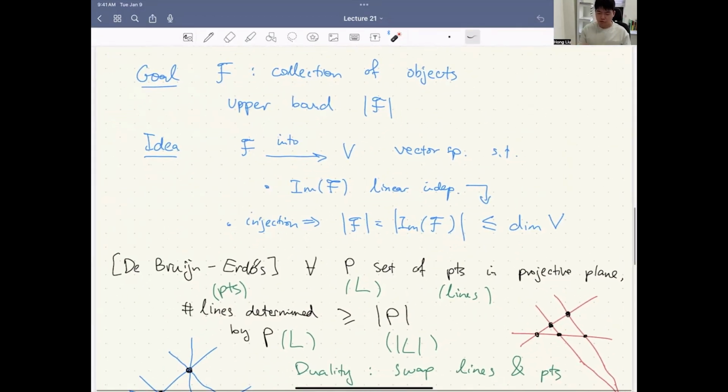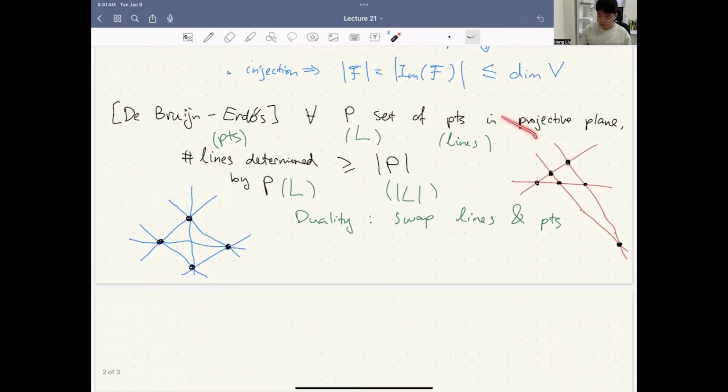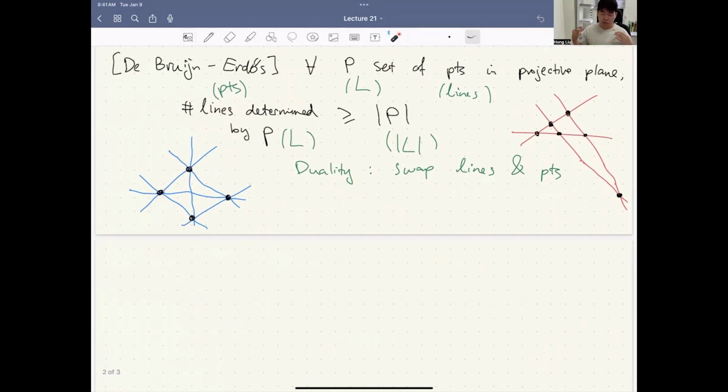Let's try to prove this one. We will actually prove the dual statement. The dual statement says for every set of lines in a projective plane, the number of points determined by the lines is at least the number of lines. And to do that, we're going to actually prove a combinatorial statement which implies this geometric statement.